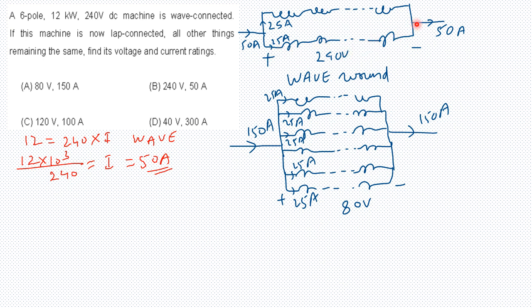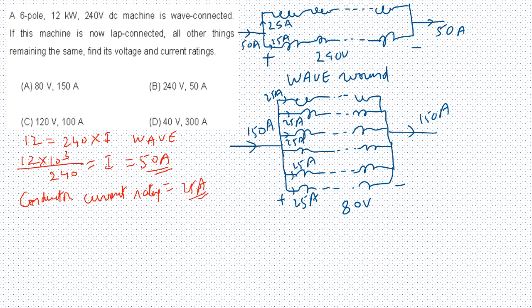Because 25 amps is flowing in each parallel path, the coil or conductor rating has to be 25 amps. So the conductor current rating equals 25 amps.